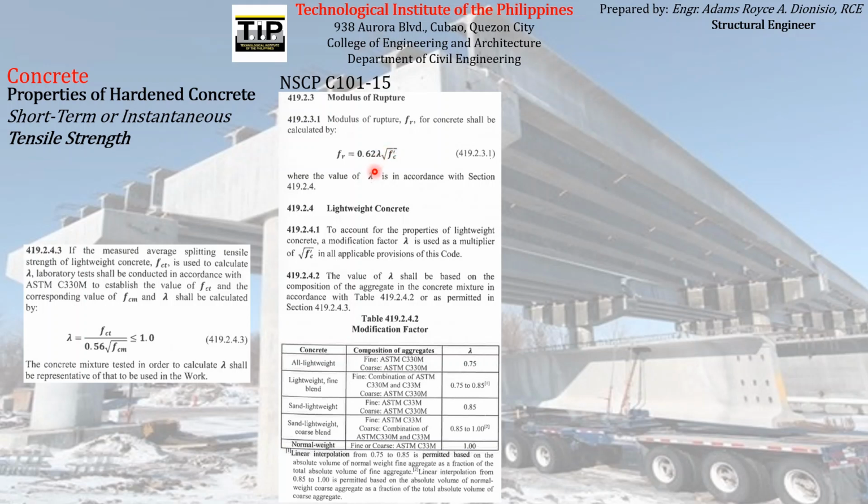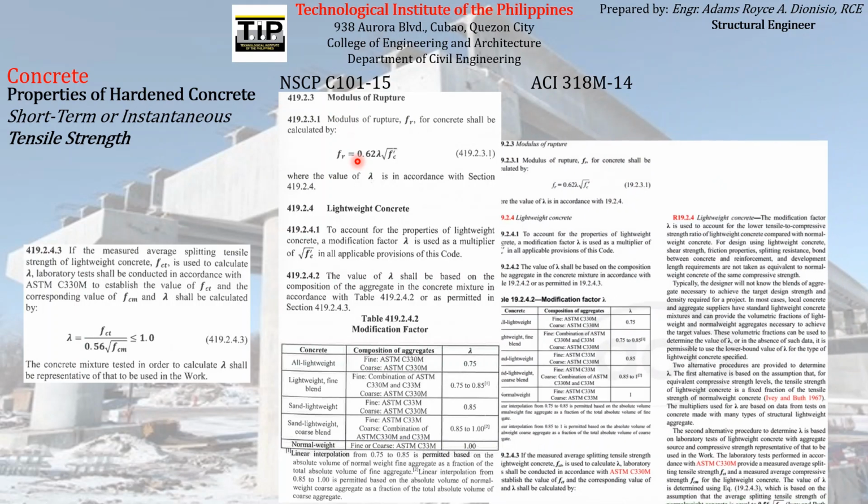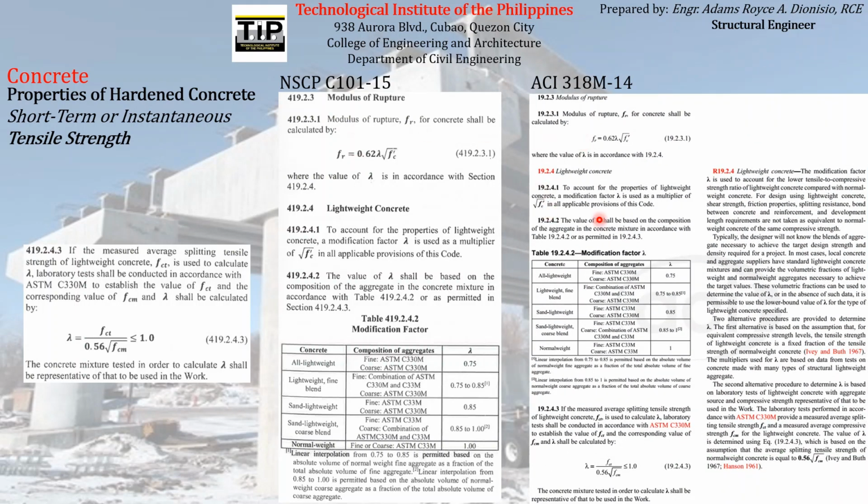But if the concrete is lightweight concrete, you have to refer first to this particular provision of the code. That is similar to the code provisions from ACI, because again, we all know that our local code adopted the international code.